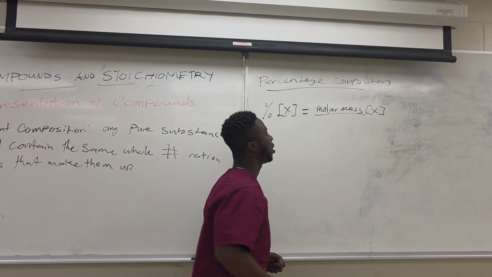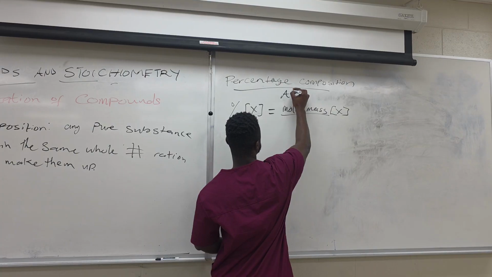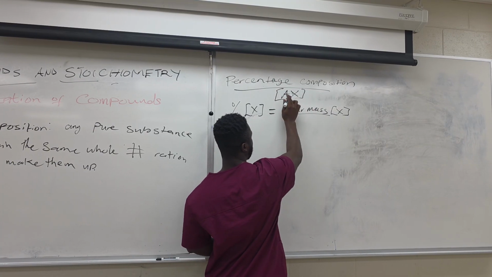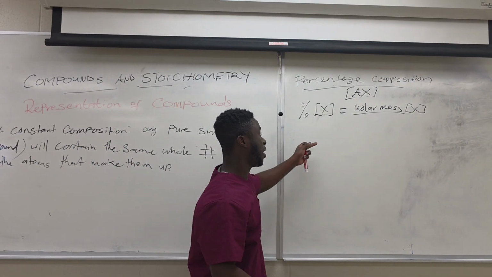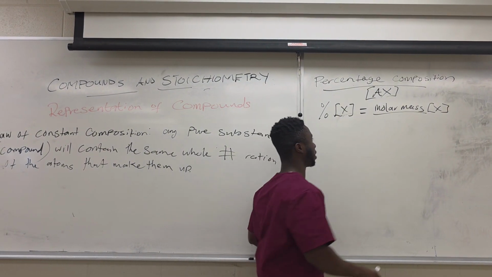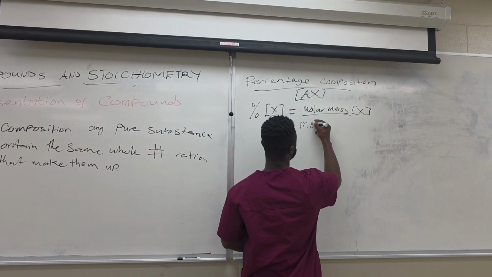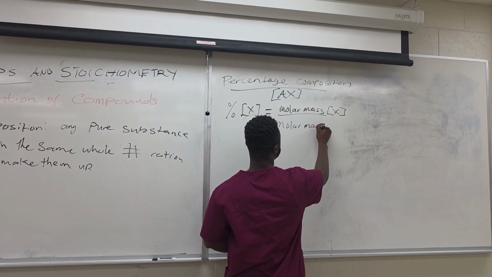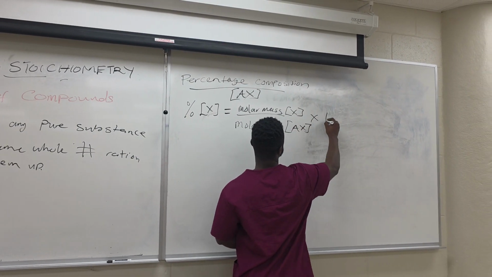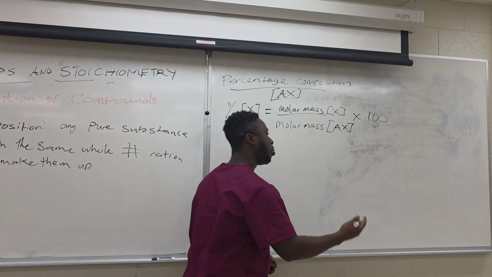First of all, let me make an inference. If we have a compound AX, let's say this is our compound, the entire compound is AX. If we want to find the composition of X in a compound, it is the molar mass of element X, divided by the entire molar mass of the compound AX, multiplied by 100, because 100 gives us the percentage.